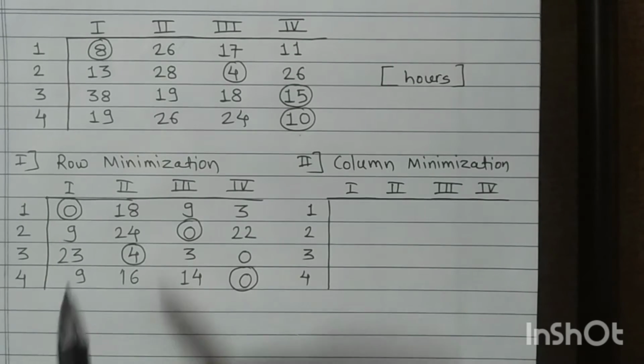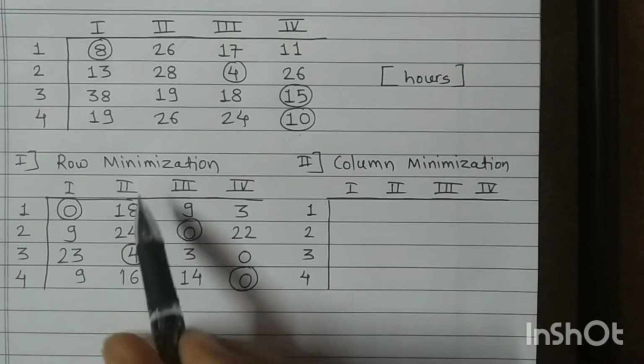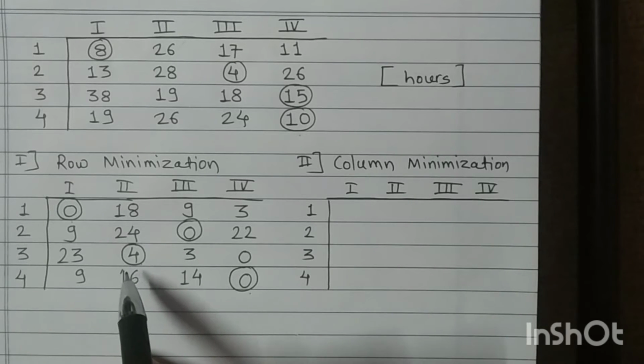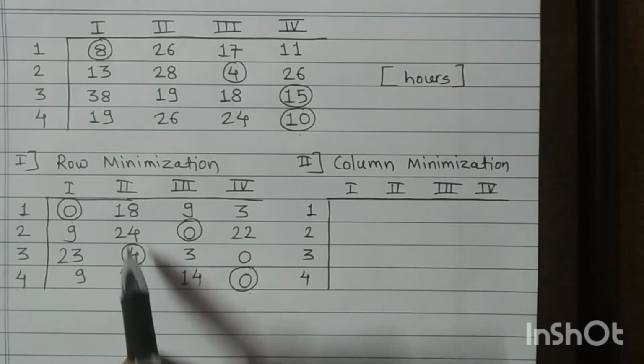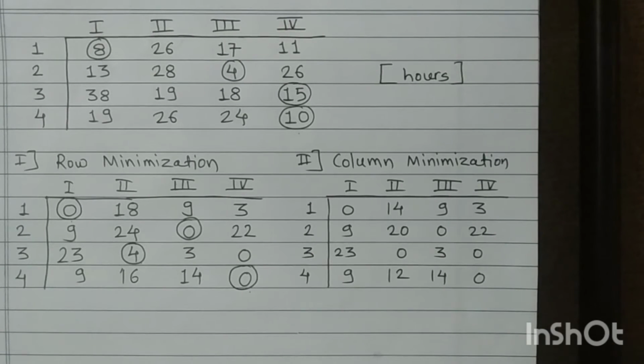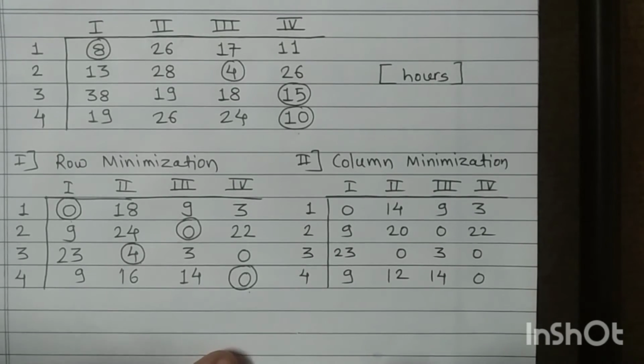For column minimization, the least element from each and every column is identified. So 0, 4, 0, 0 are identified, and I have subtracted these least elements from each and every element in the same column. So the matrix will look like this. You can pause the video and check your answers. So this is our matrix after column minimization.